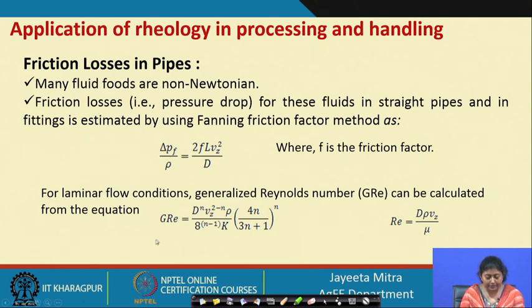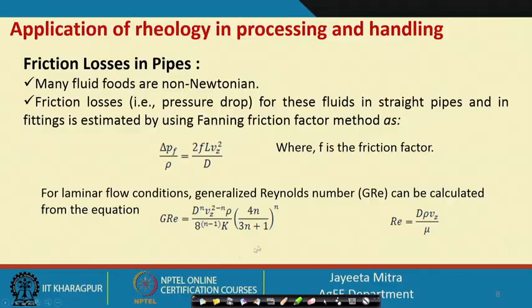So, this is the generalized Reynolds number, and in most of the cases when we are dealing with a non-Newtonian fluid, we need to use this generalized Reynolds number to find the Fanning friction factor from the chart, or if you want to use this for further analysis. So, how can we do that?